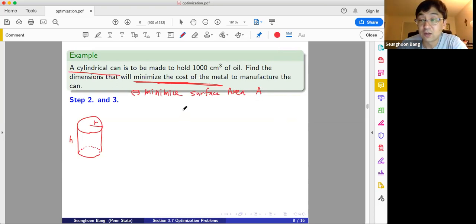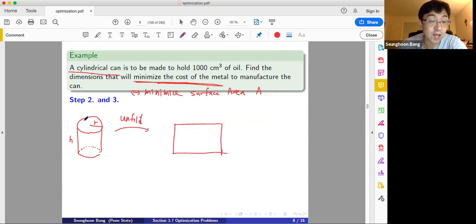How can you find the surface area? You have to unfold this one. So what happens? We have the side as a rectangle. The top one is like a circle. The bottom one is also a circle. Unfold this one.